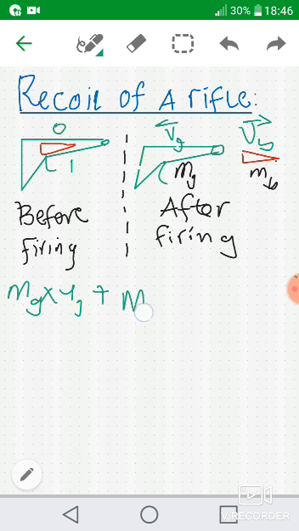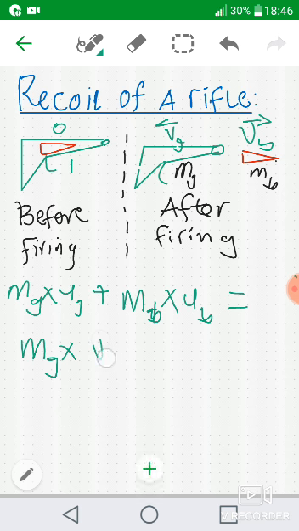That initial momentum should be equal to the final momentum after firing. After firing, you have mass of the gun times velocity of the gun plus mass of the bullet times the final velocity of the bullet.